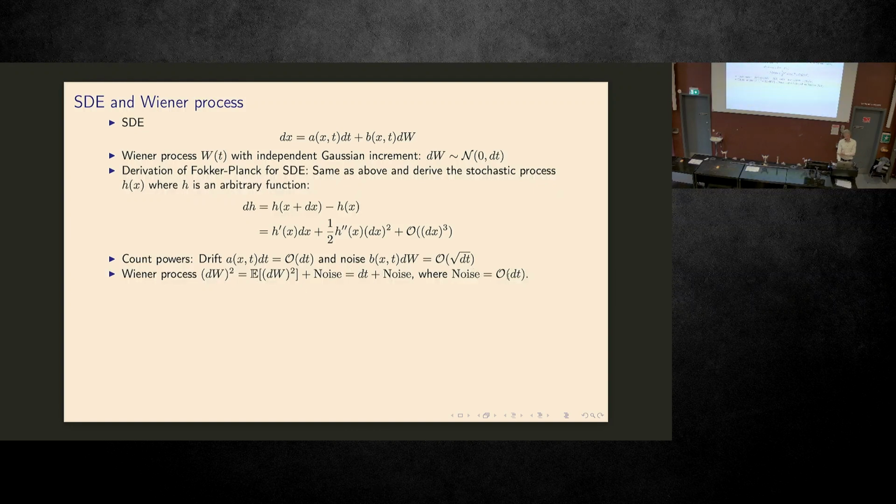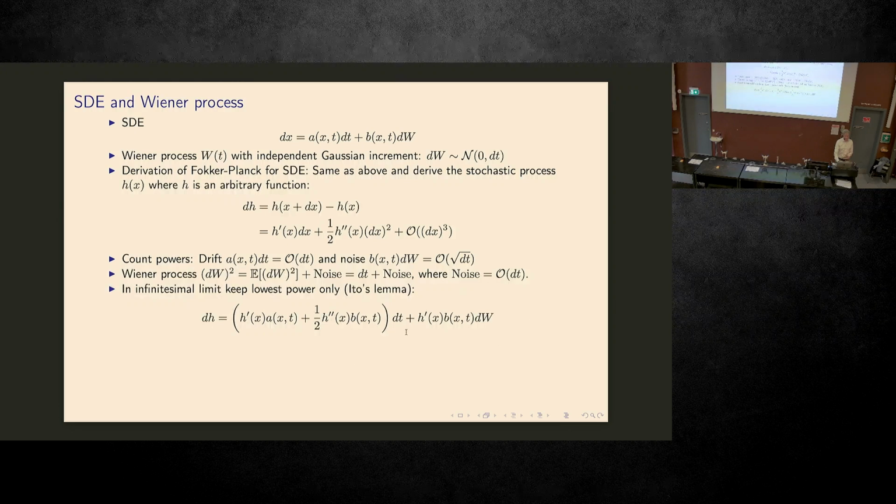It turns out this noise is of order delta t, but this term here is of order square root of delta t. So when we take delta t small, the square root of delta t will dominate, but this delta t term will still survive. That means the terms we need to keep, in delta t and delta w, look like this.